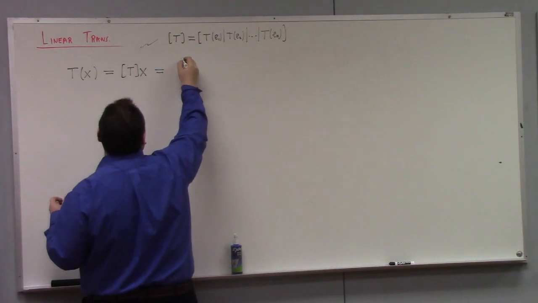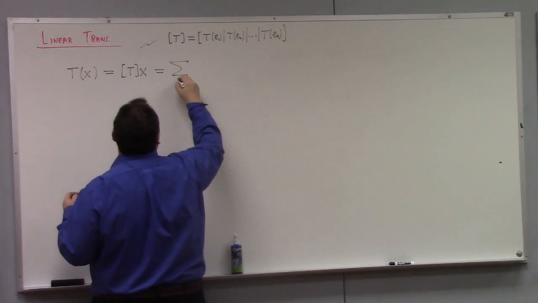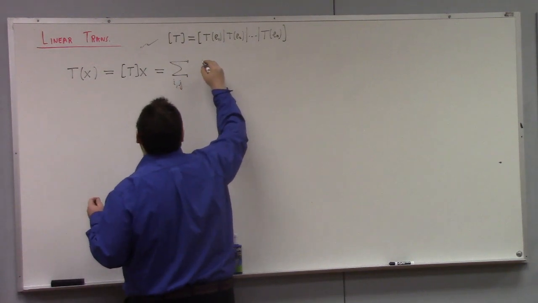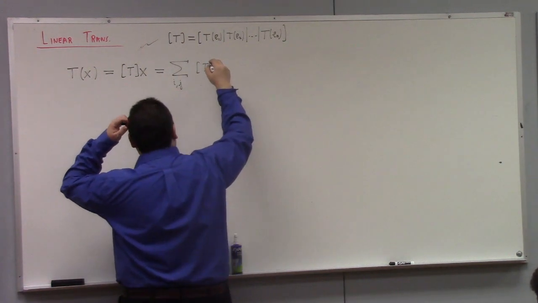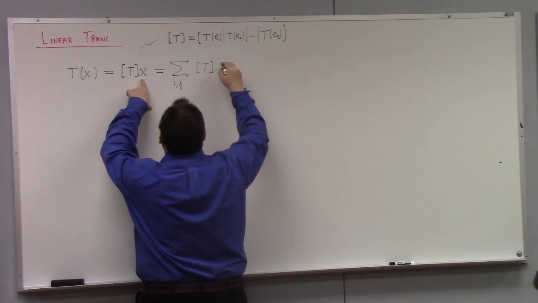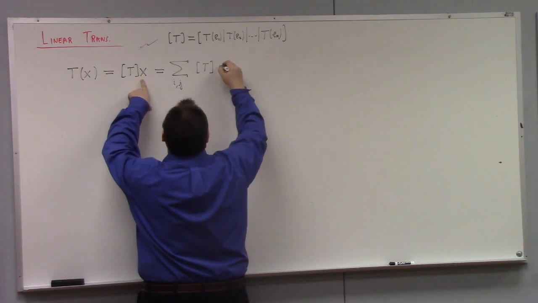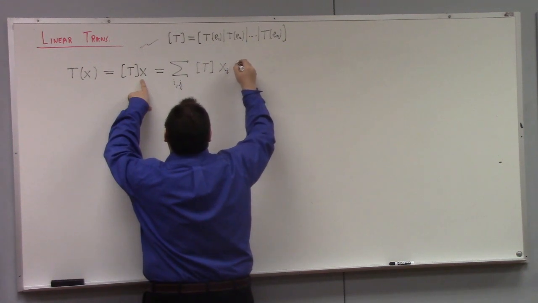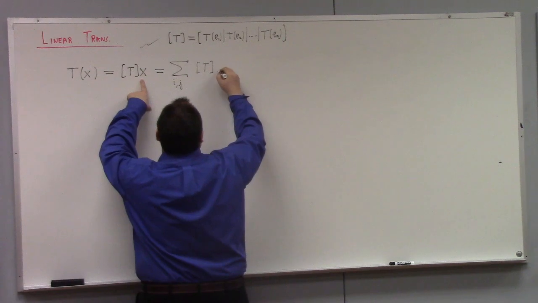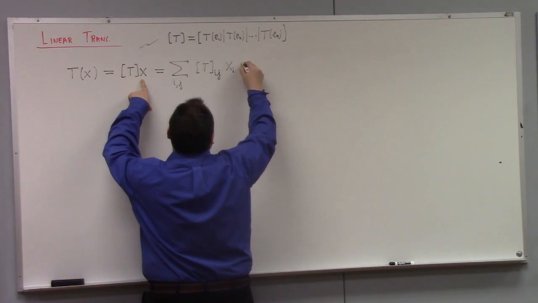But that's specifically the sum over i and j of the matrix of T, the, oh goodness gracious, we've got x sub i, I think it goes i, j, x sub i, e sub j.